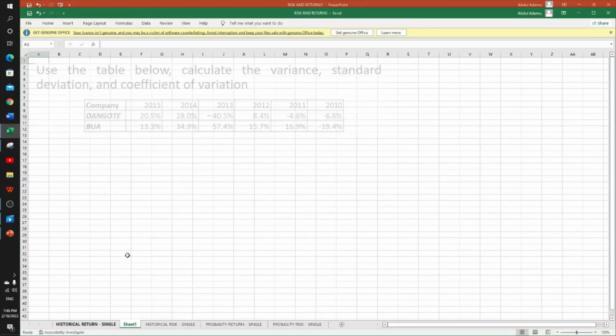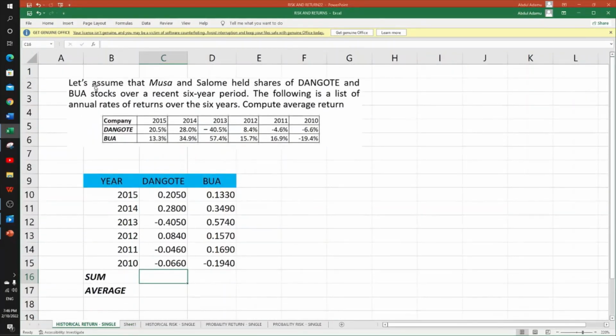So for historical return, you can see this is the question we asked. Now those are the returns. First we do the sum. Equals sum, so we add this. These are the additions of these returns.